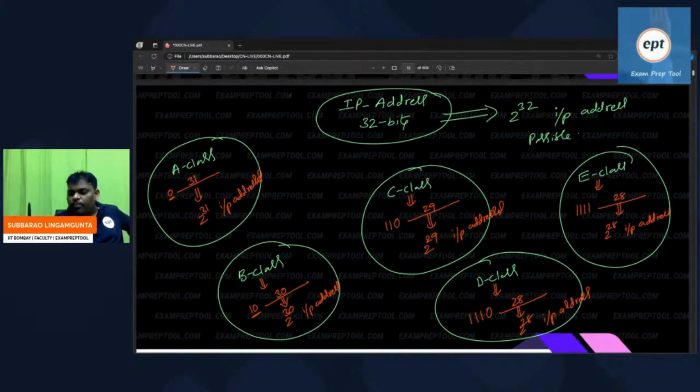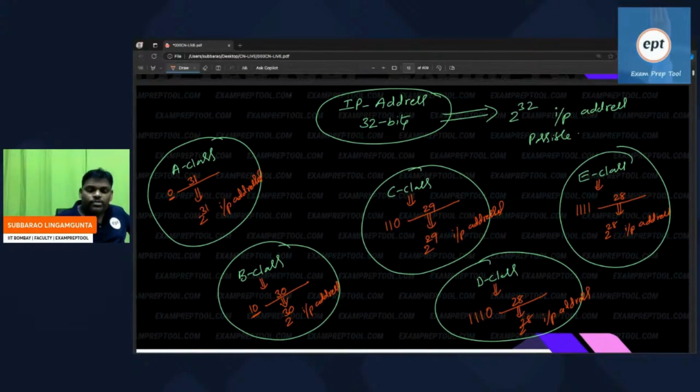But when you say IP, you have to see all 4 octets. IP means 32 bits. It doesn't matter which class. When you say IP, 32 bits.